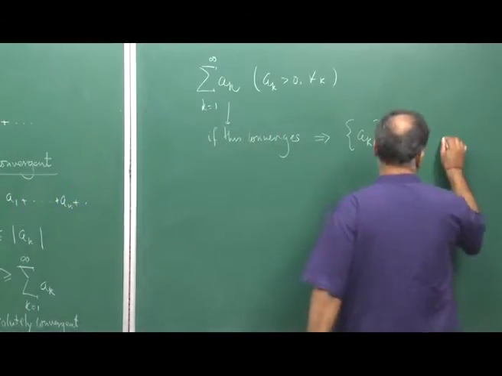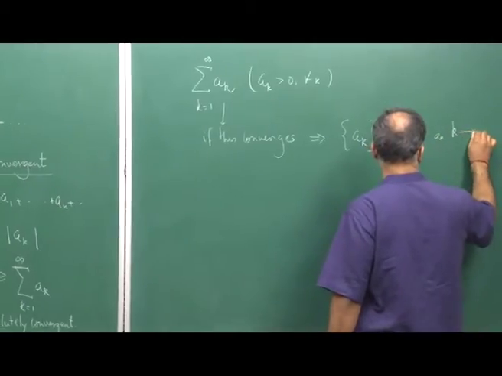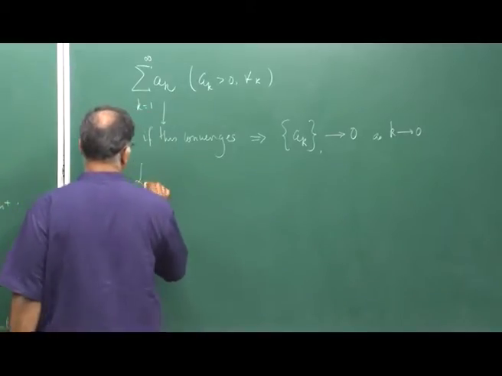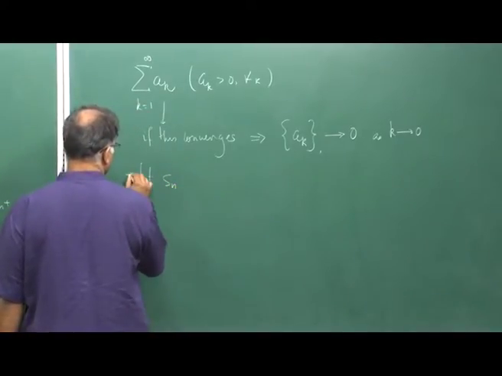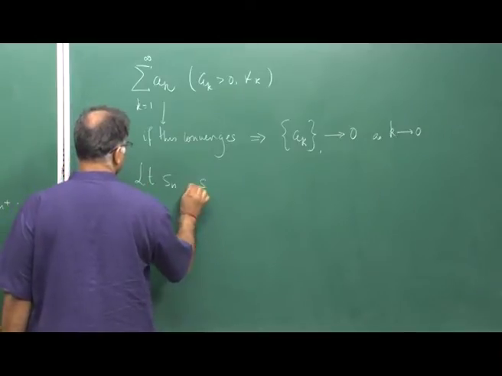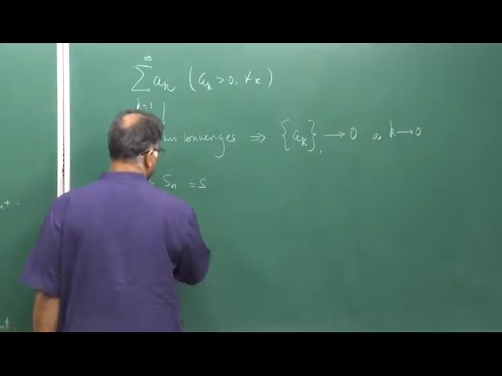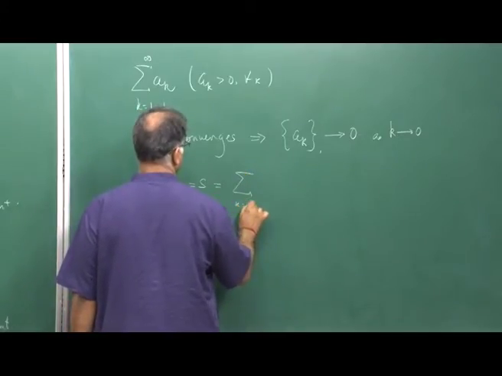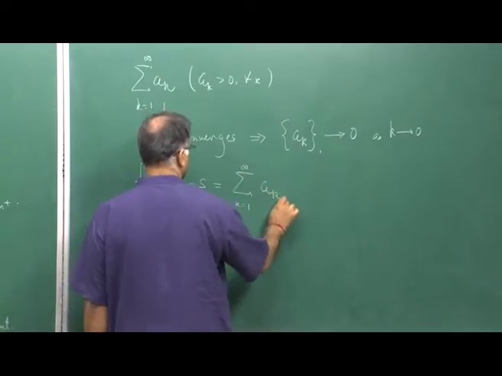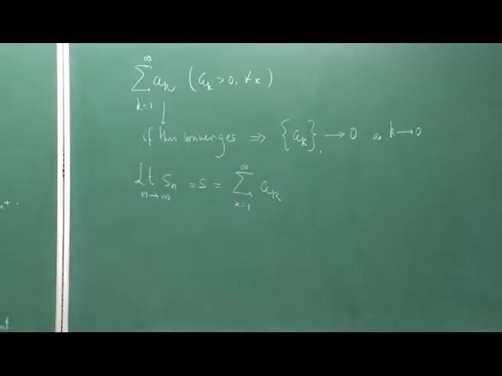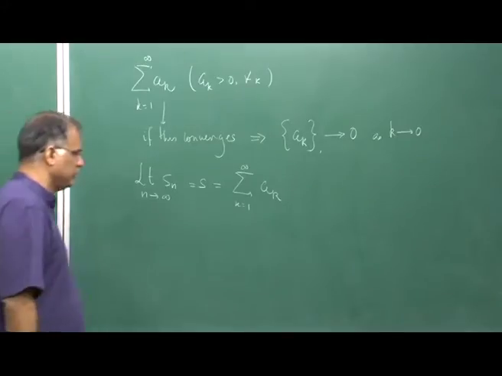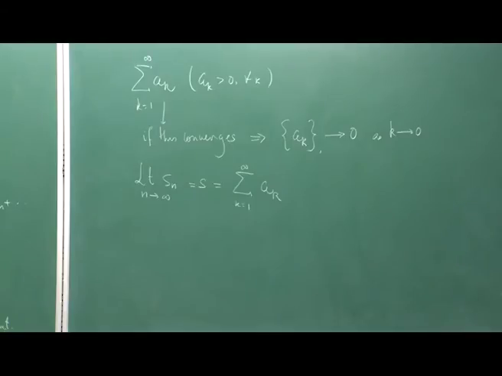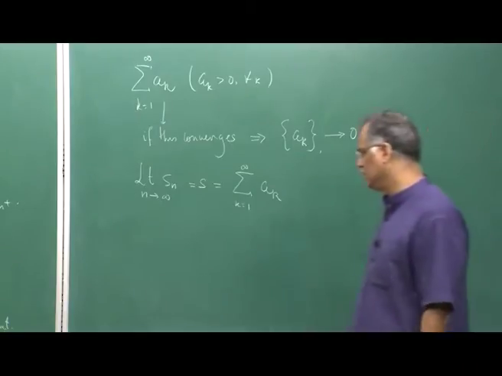Proving this is not a very big issue. Why? Because what is the sum? The sum S is nothing but the limit of the partial sums. So if you have a sequence of positive terms, we are trying to find the necessary criteria. The limit of S_n is S, okay.